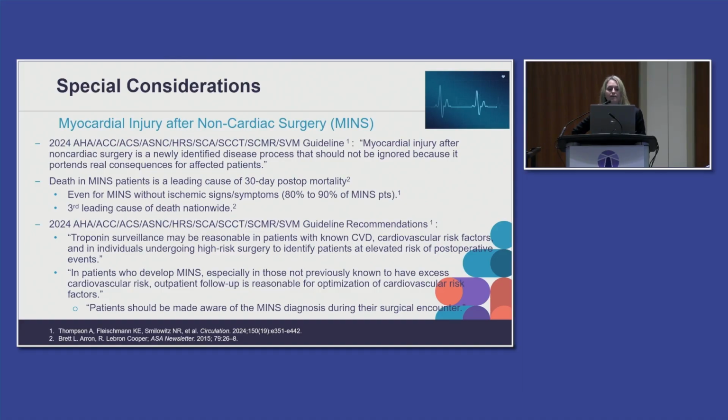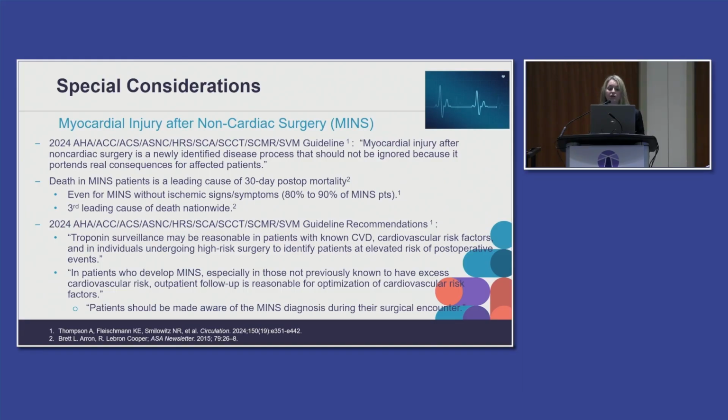And this is even for MINS patients without any ischemic signs or symptoms. About 90% of patients don't have any other signs or symptoms beyond a troponin elevation. So the guidelines say troponin surveillance may be reasonable in patients with known cardiovascular disease risk factors, and in patients undergoing high-risk surgery, that would be spine surgery, to identify patients at elevated risk of postoperative events.